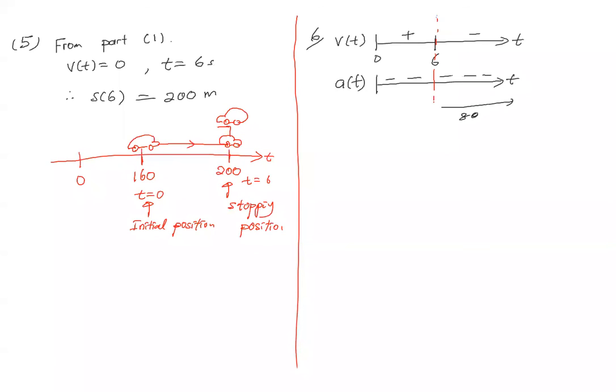Therefore, they say find the time when the object speed is increasing. The object speed is increasing for t greater than 6 seconds. Done. So this is a very important fact.